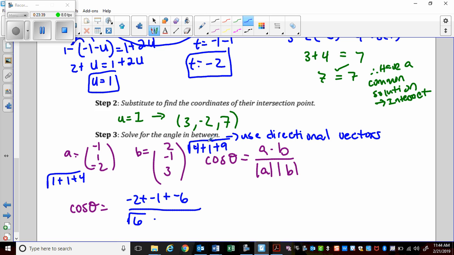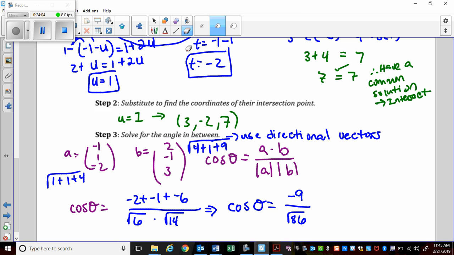So 14, square root of 14. So the cosine of theta equals, let's just simplify this a little bit. Negative 9 over the square root of 84. Oops, 84. I don't know why I put 6.